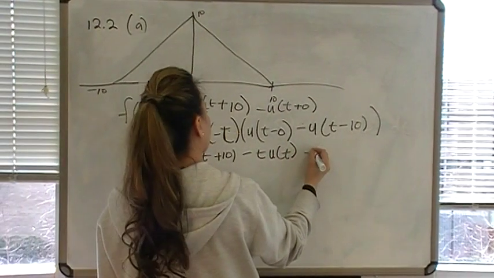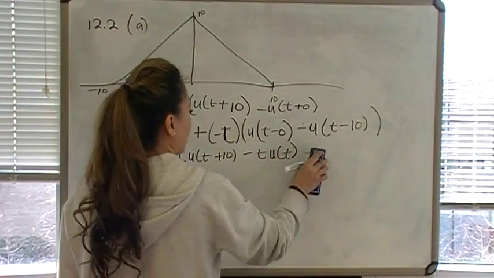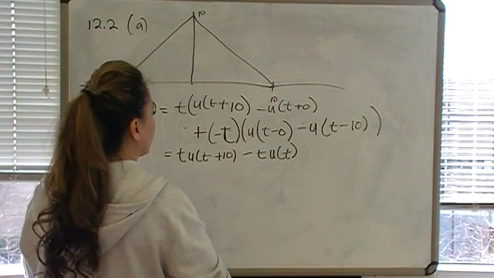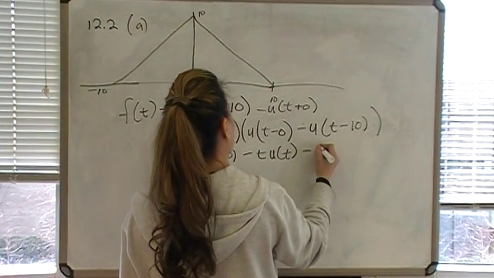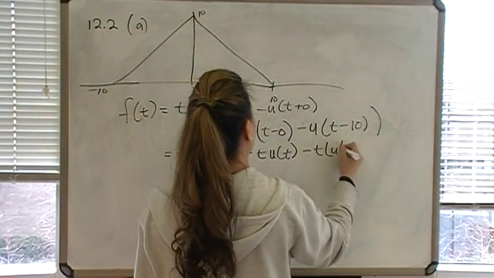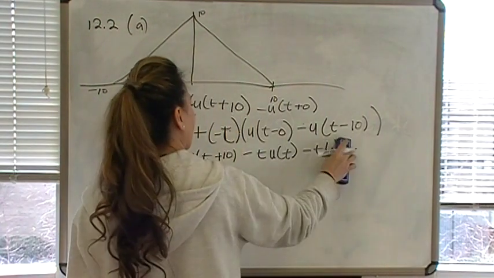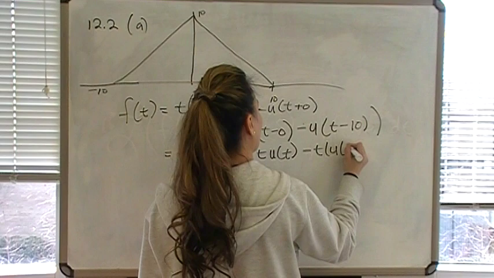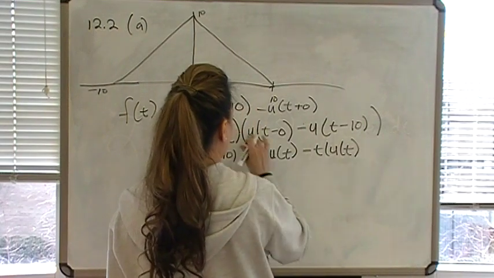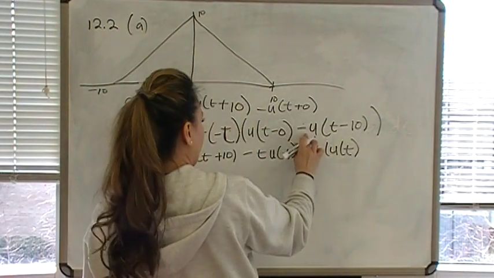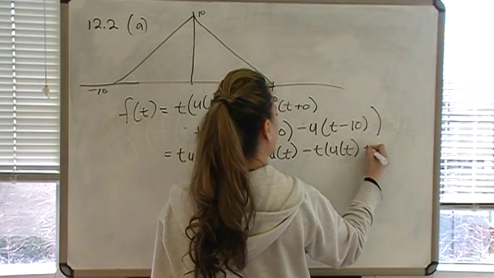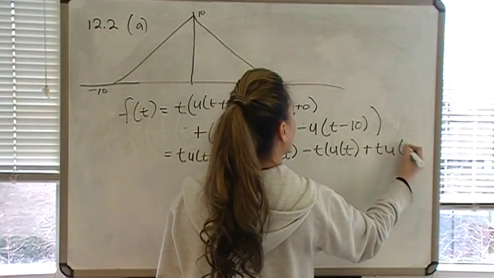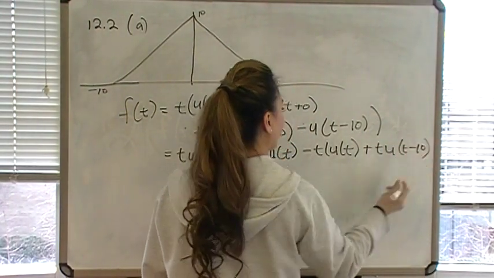That's going to be plus a negative, so this is going to be minus t u of t. And then a minus, and a minus is a positive, so plus t u t minus 10.